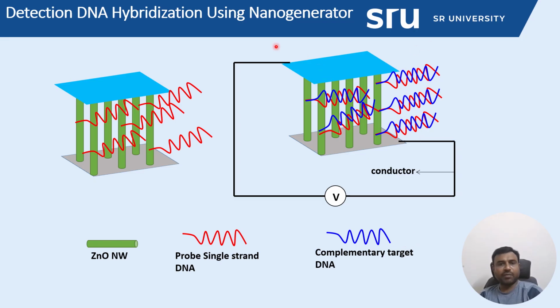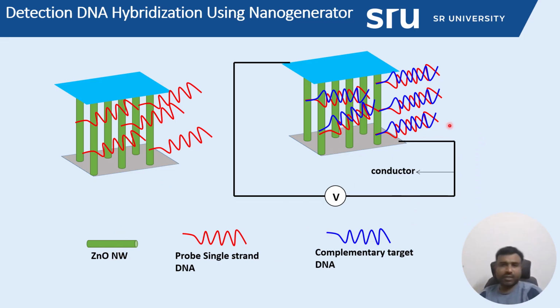Before attachment, the pure nanogenerator gives a particular electrical signal or voltage output. After adding the probe single strand, the output voltage is significantly altered. Most probably it will decrease. So what will happen after the complementary target DNA?